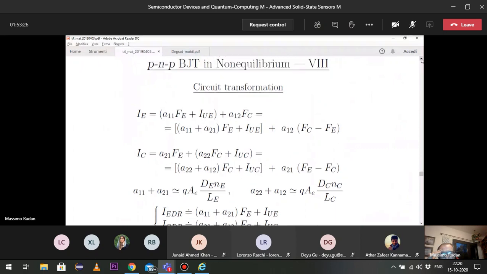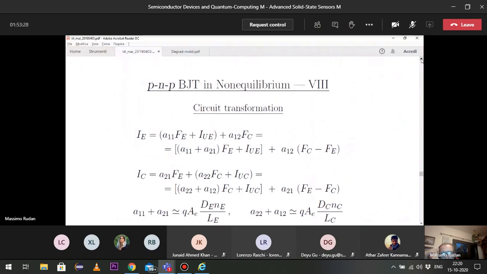You can go from the circuit having two generators to another circuit that is fully equivalent, having only one generator, by a simple manipulation of the formulas. You remember IE is the sum of two currents. One is a diode-like current and the other one is a current generator current.